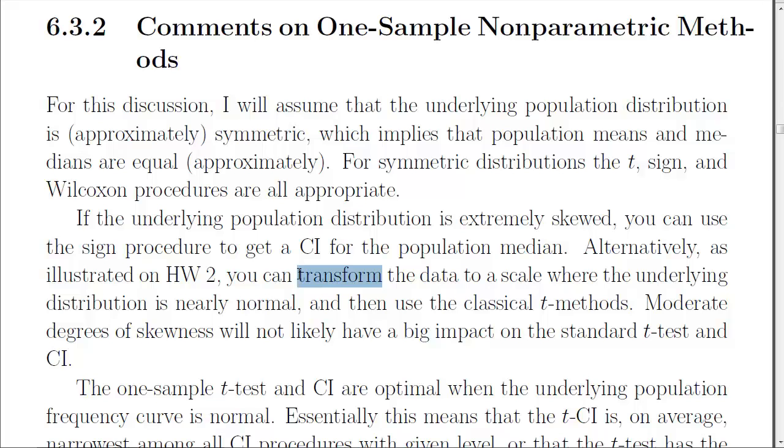So if you've got right skewed data and you transform, maybe you get a symmetric or roughly normal distribution on the transformed scale, in which case we can then use those t-tests or t-confidence intervals again, remembering that all the inference is on the log scale. So we're no longer estimating the mean of the distribution, but the mean of the log of the distribution.